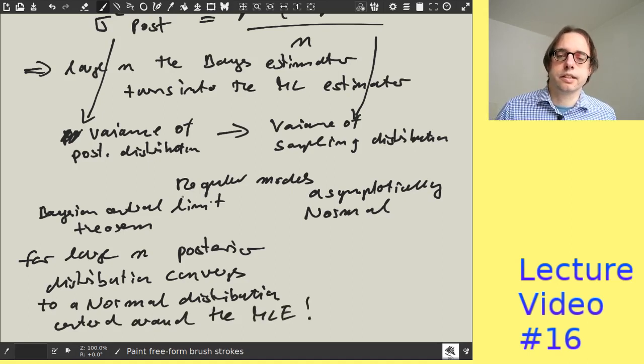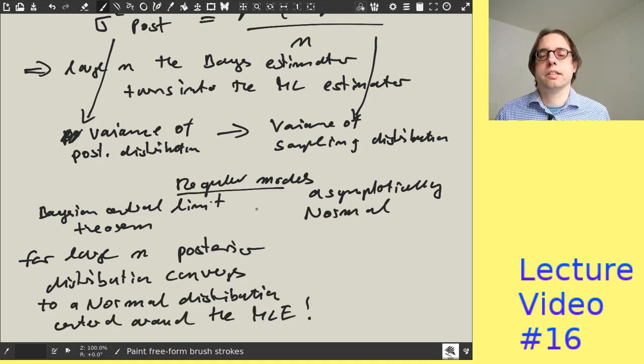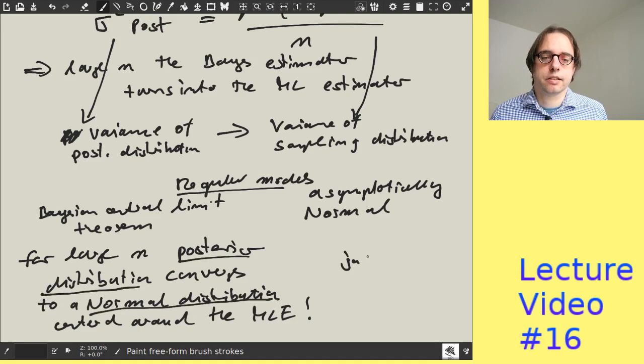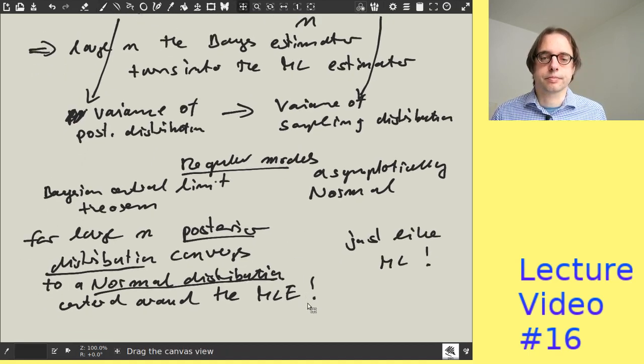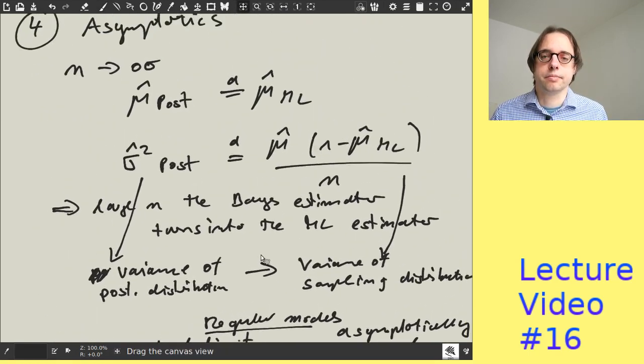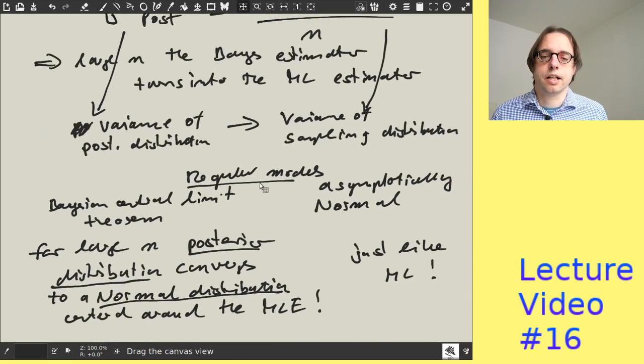So this is exactly the same thing. It's not just the mean that converges, it's not just the variance that converges, it's also the distribution that converges. The posterior distribution converges to normal or multivariate normal, just like ML. So that's nice. The asymptotics are very good.